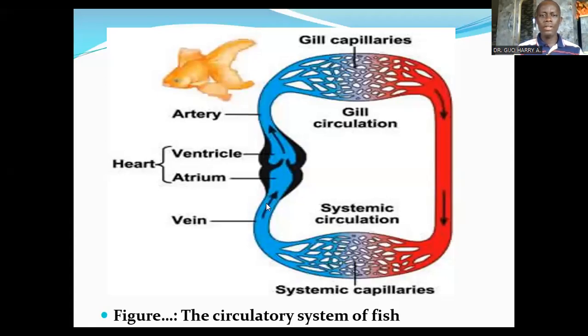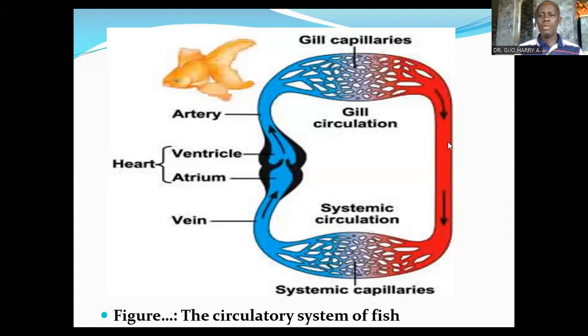Deoxygenated blood returns to the heart through the atrium and is pumped to the gills by the ventricle through the artery. And then the blood is oxygenated in the gills.